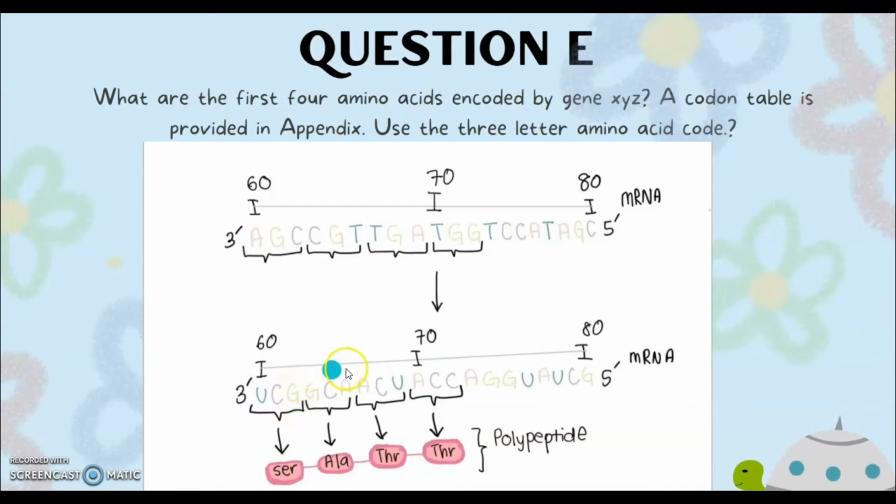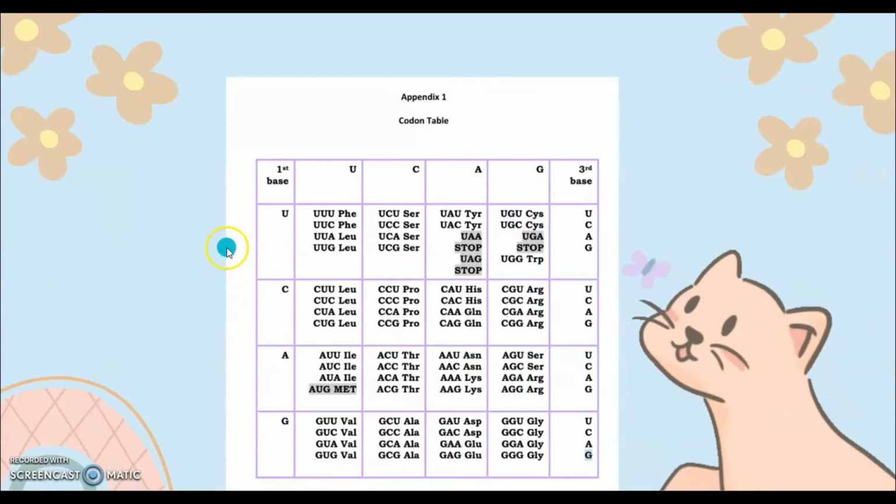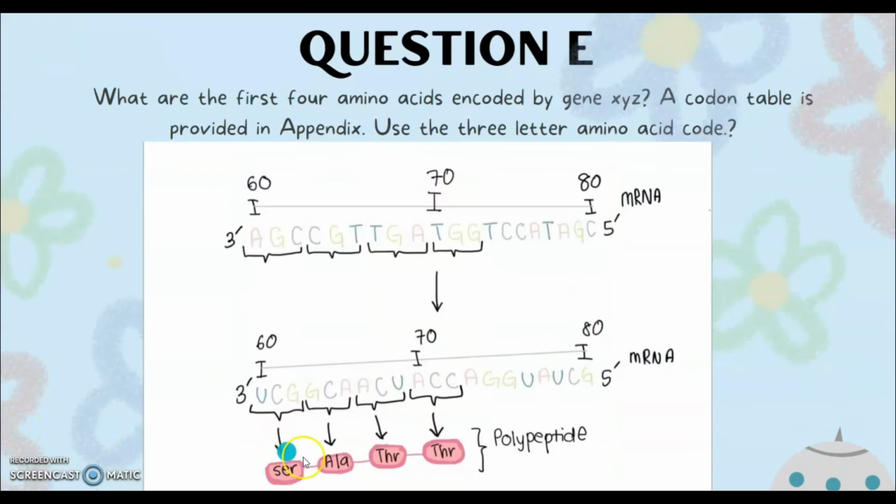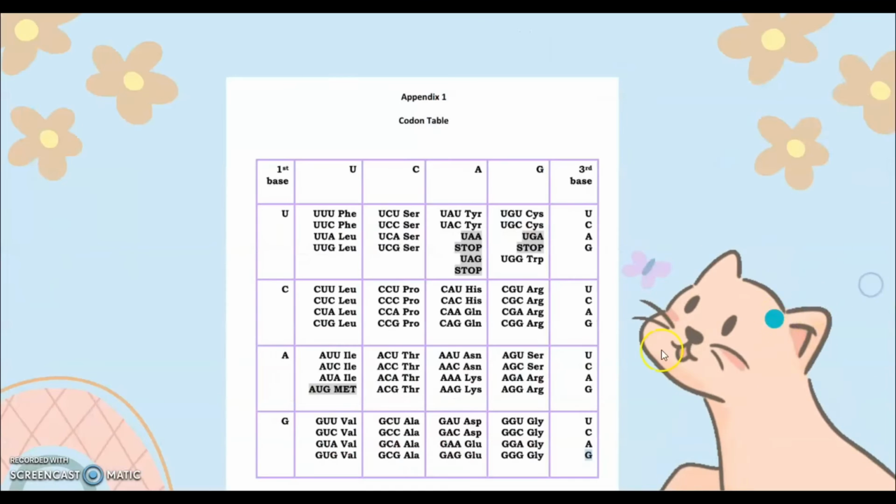The second group of bases will form alanine. So how do we know that these bases form alanine? Based on this appendix table, the bases are GCA. The first base is G, here.